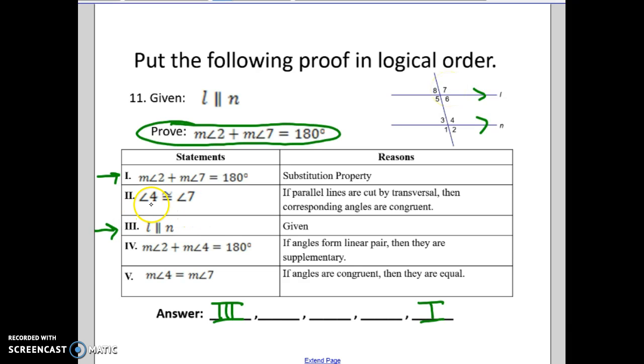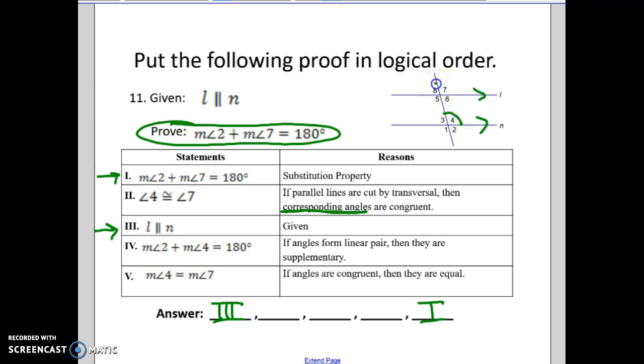What I have left are angle 4 is congruent to angle 7, and that is because of corresponding angles theorem. I have that angle 4 and angle 7 are equal. I have measure of angle 2 plus the measure of angle 4 are 180. Okay. So now I want to get to angle 2 and angle 7. Well, I think I'm going to start with angle 4 is congruent to angle 7 because I know what?